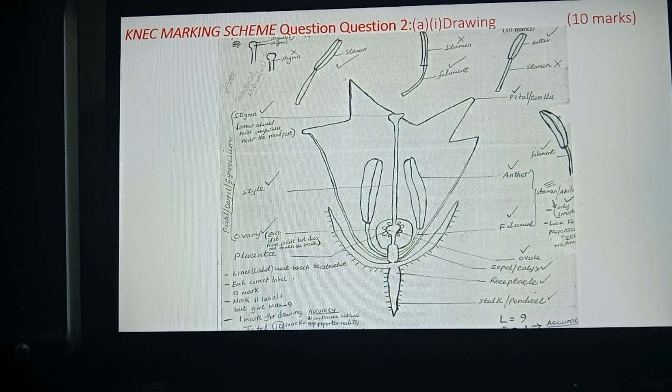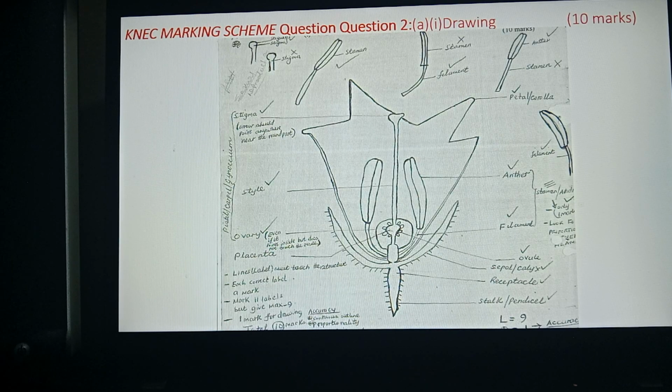Then you have the anther, you have the style, you have the ovary. All of them, you can put brackets and write that one as pistil. And even the anther and the filament, you can also bracket and write stamen. You put the labels, the label lines, and then you put that curly bracket, write the stamen, you get a tick, but you get only one tick.